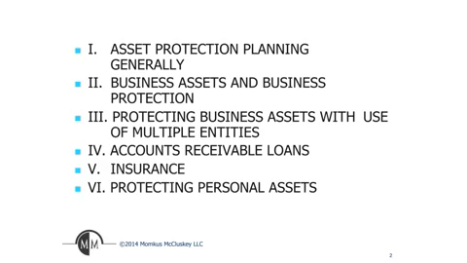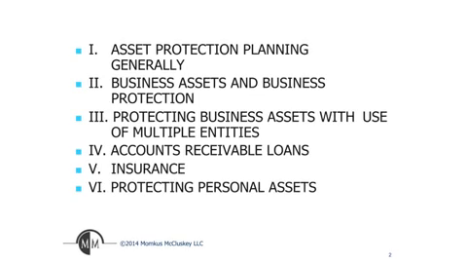Let's start with an overview of what we will cover. First, we're going to talk about the underlying concept behind asset protection planning and how it works. Second, business assets and the kinds of risks that businesses have. Third, some of the tools we use to protect business assets.